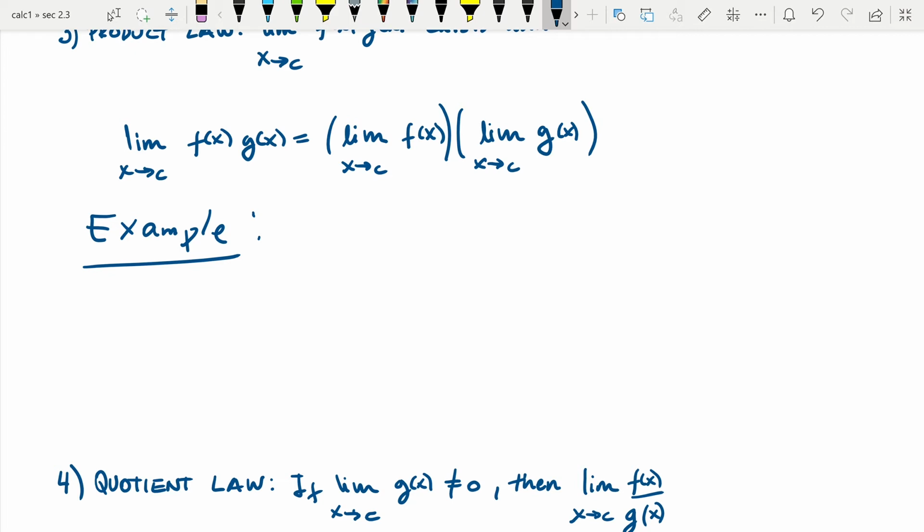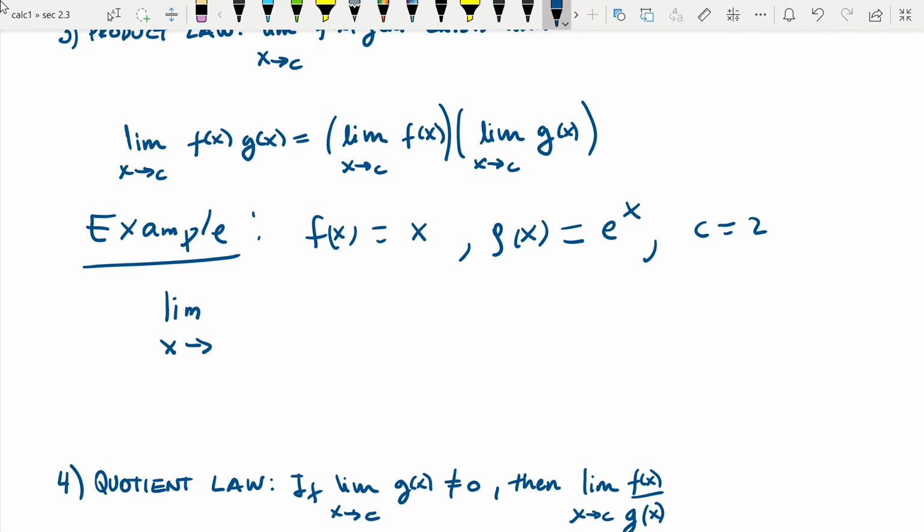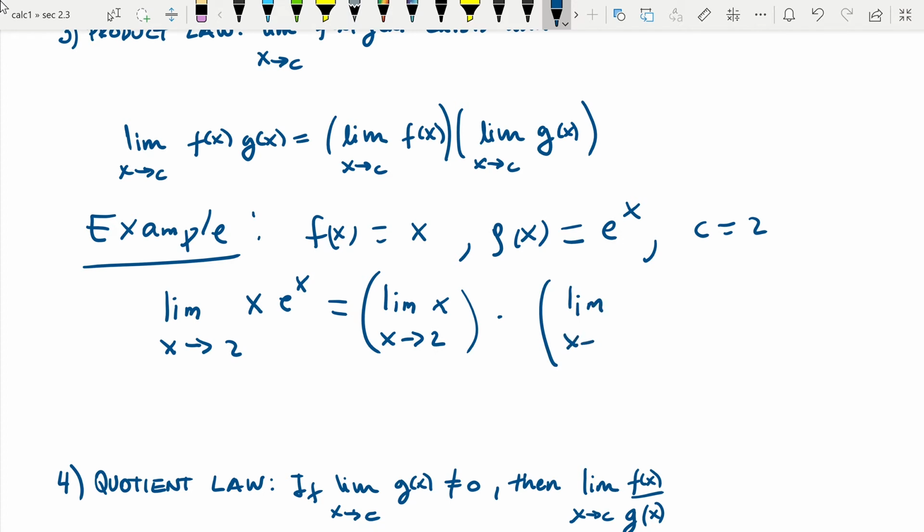Let's take f of x equals x, g of x equals e to the x, and c equals 2. So now the limit as x approaches 2 of x times e to the x will be equal to the limit of x as x approaches 2 times the limit, again as x approaches 2, of e to the x.